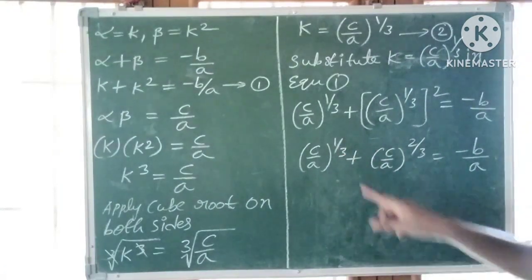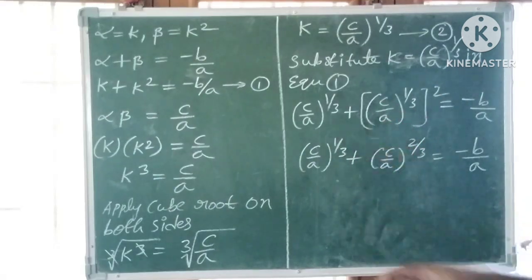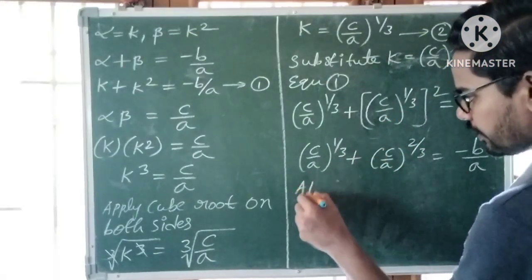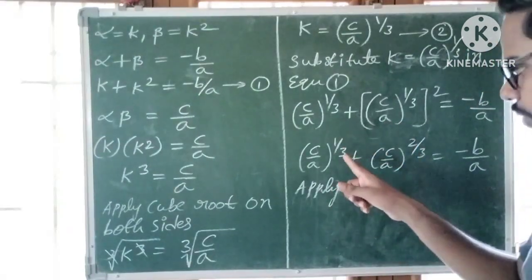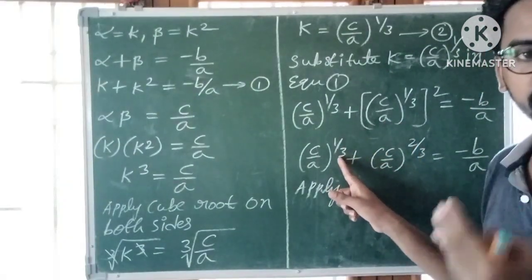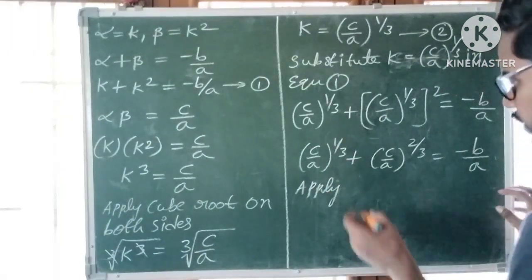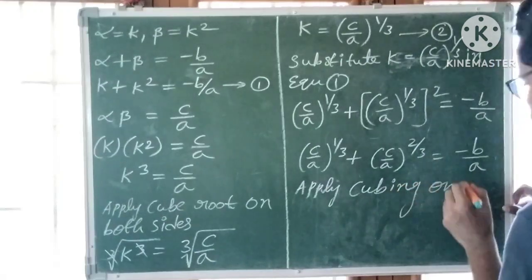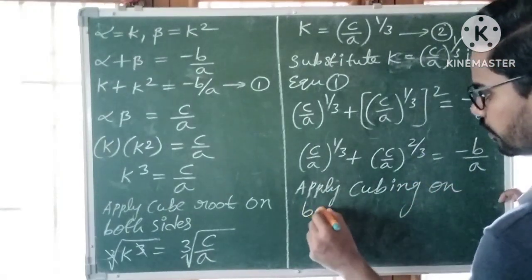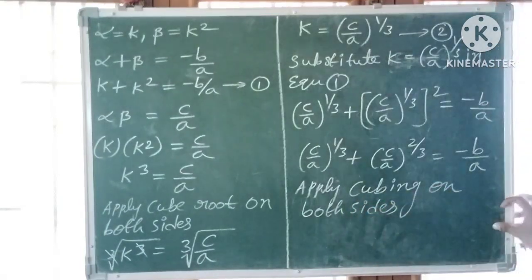So to eliminate this cube root, we need cubing. In order to eliminate this 1 by 3, which means cube root, we obviously apply cubing on both sides.